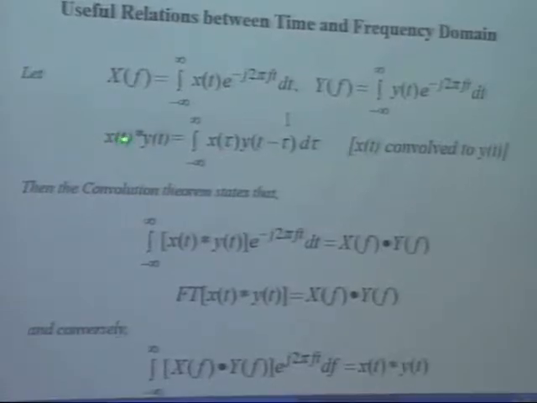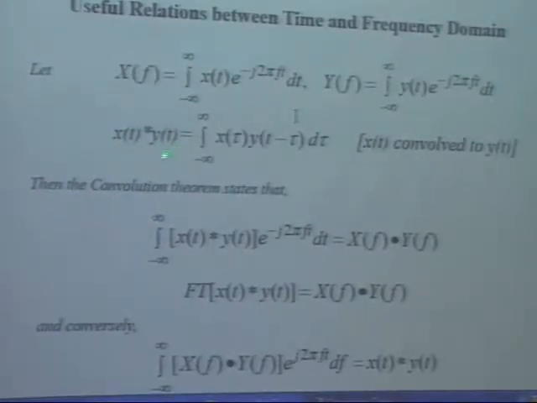Then this is convolution, the part here, x convolved with y. So this is the integration of x(tau) y(t minus tau) d tau.